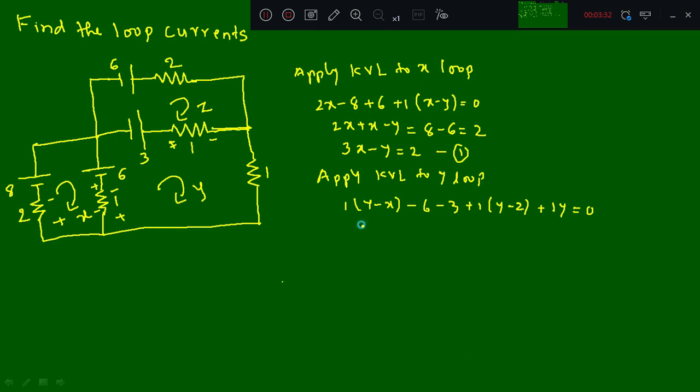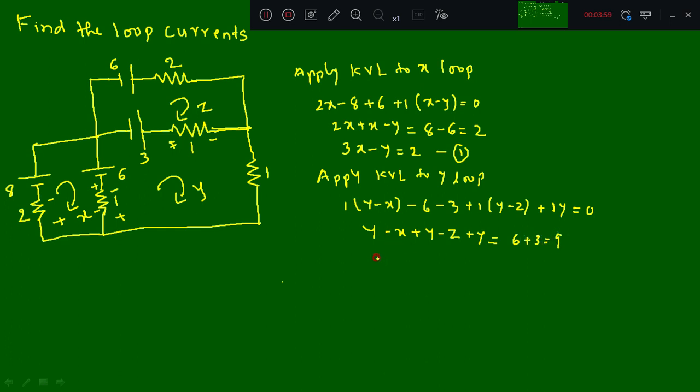So it is y minus x plus y minus z plus y is equal to 6 plus 3, which is equal to 9.